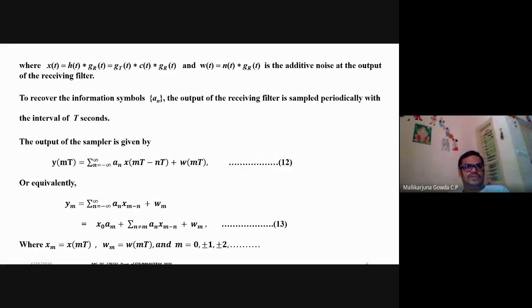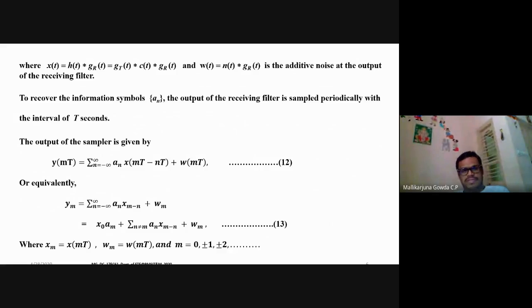So our aim is to recover the information symbols a_n. To recover the information symbols a_n, the output of the receiving filter is sampled periodically with the interval of T seconds. So I can write the output of the sampler.